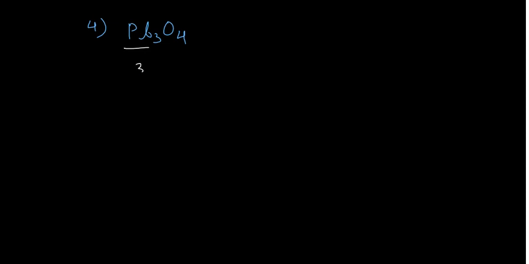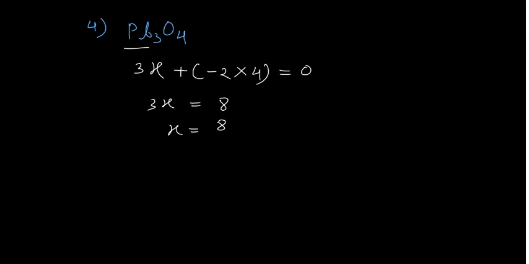See, 3 times lead is present, assuming x for the lead, and minus 2 charge on 1 oxygen, and these oxygens are present 4 times, and this species is neutral, there is no charge over there, so you can put 0. So it would be 3x equals 8, and it simply means your x is 8 by 3. The oxidation number of lead is 8 by 3.